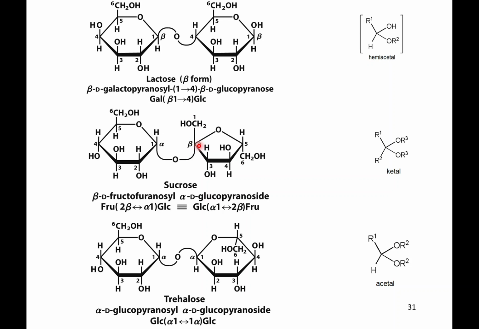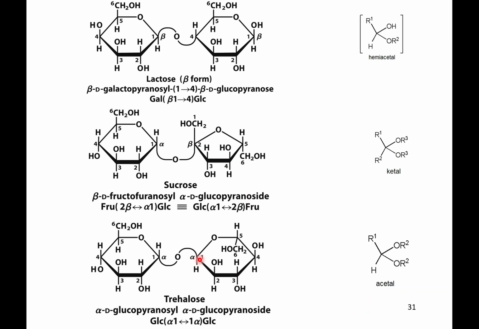For sucrose, if we're looking at the beta 2 carbon, what's that attached to? It's attached to two OR groups and two R groups, so that would be a ketal form, which is non-reducing.